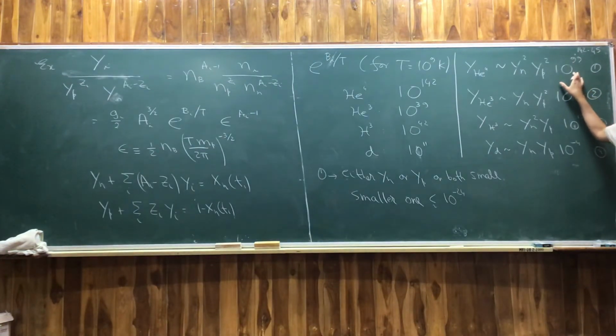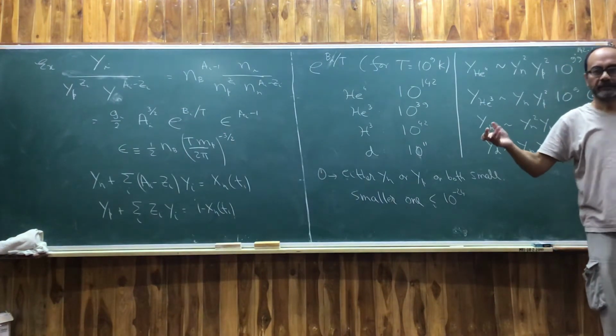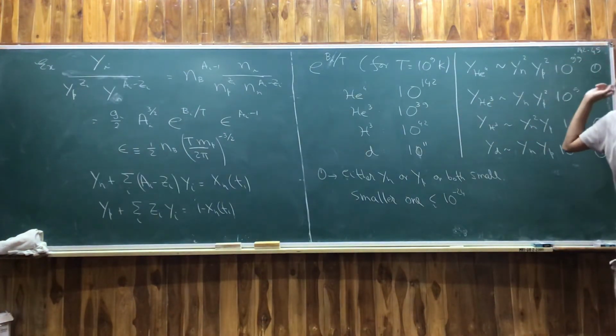Unless at least one of them is smaller than 10 to the minus 24, there is no way you can satisfy this equation. Is that clear?